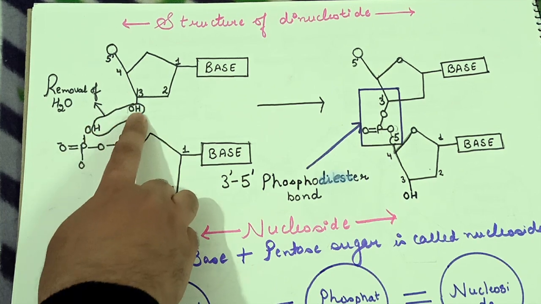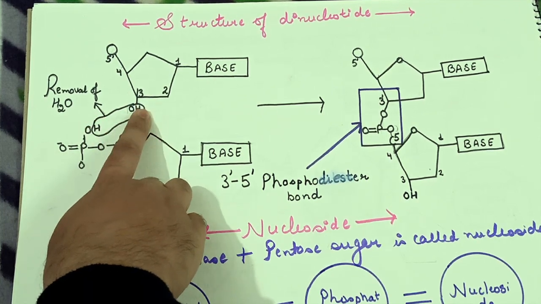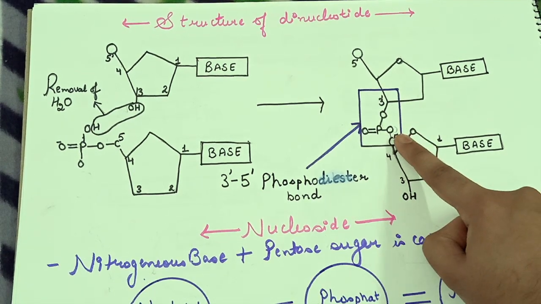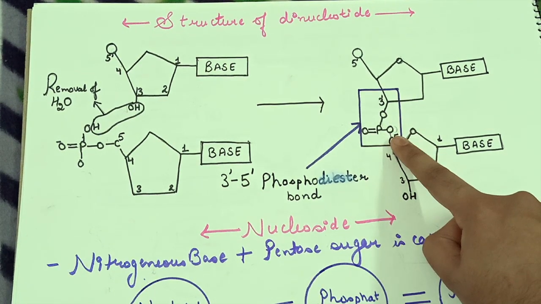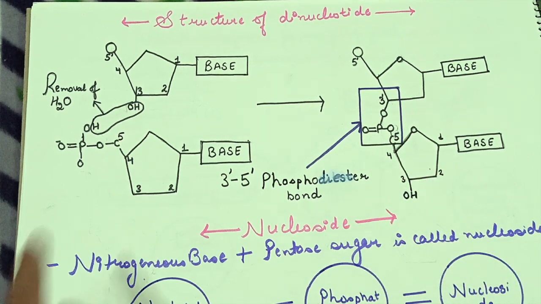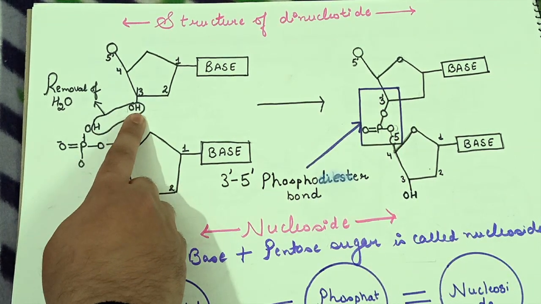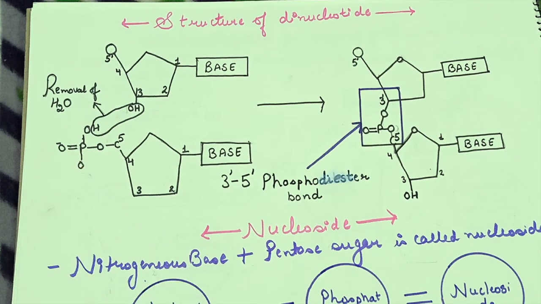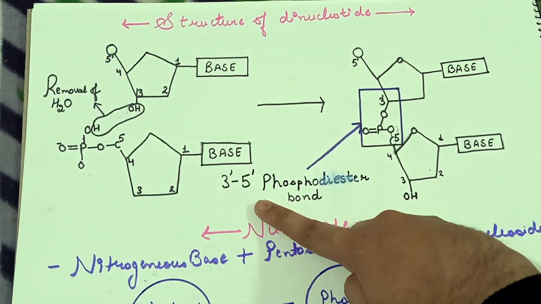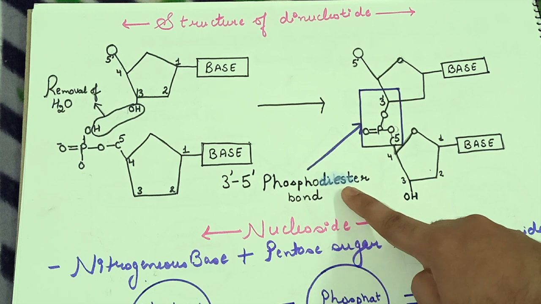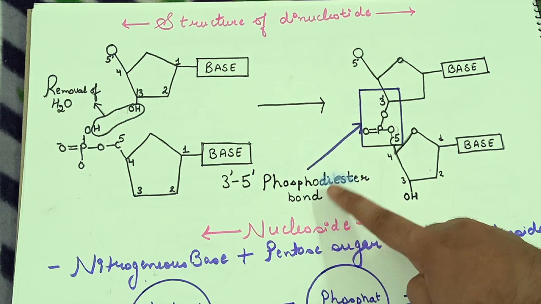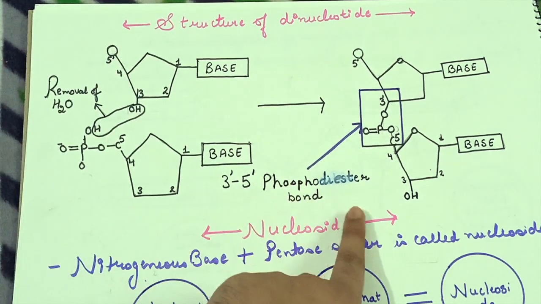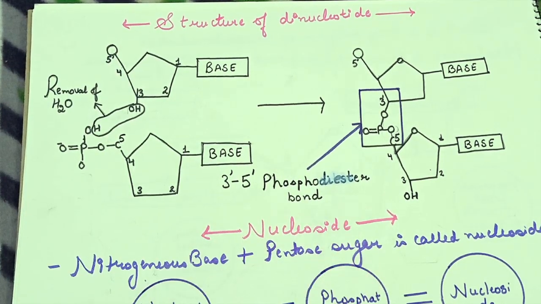As you can see here, this is the removal of water molecule and the bond which we get is phosphodiester bond. Now as it is between 3' OH group of one sugar and 5' phosphate of another sugar, it is known as 3' to 5' phosphodiester bond. So two nucleotides are linked by phosphodiester bond.